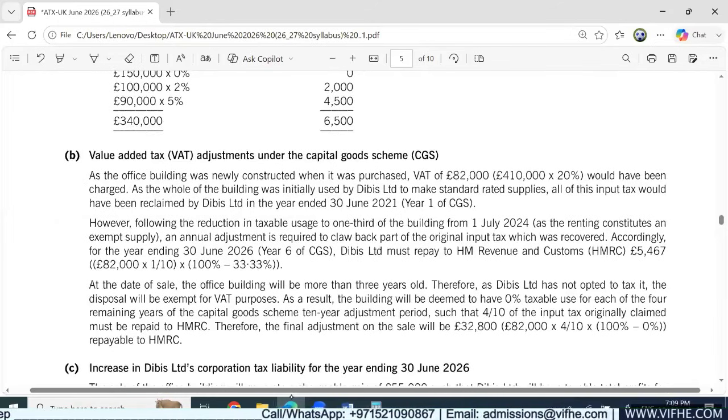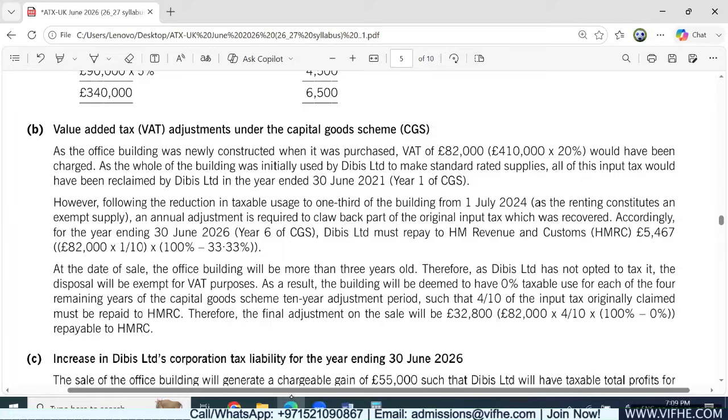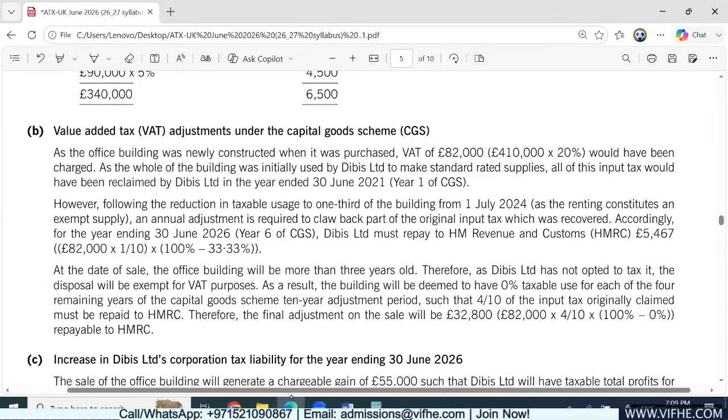I hope you have understood the issue, but this is how your examiner has drafted the answer. Do let me know once you are done reading this answer, and then I'll take you to the last requirement of this question.